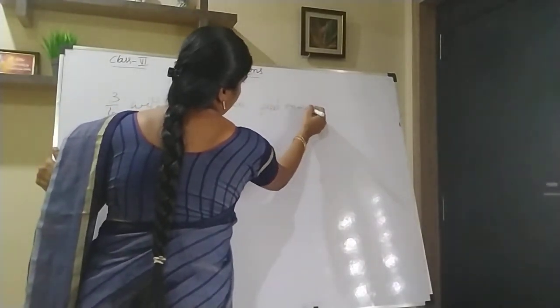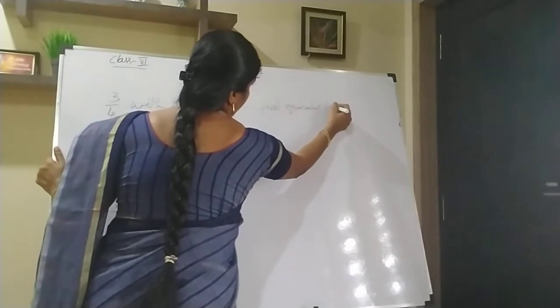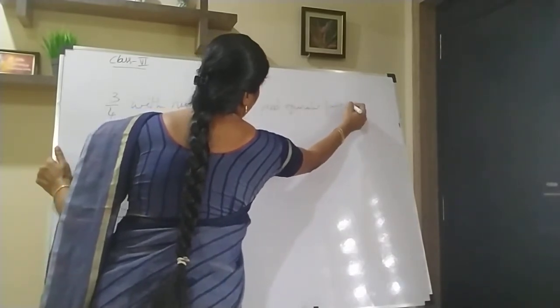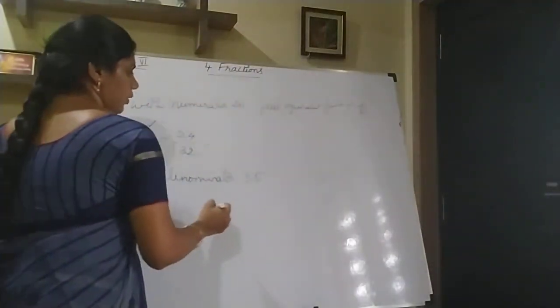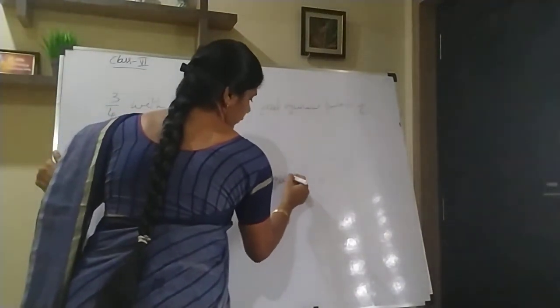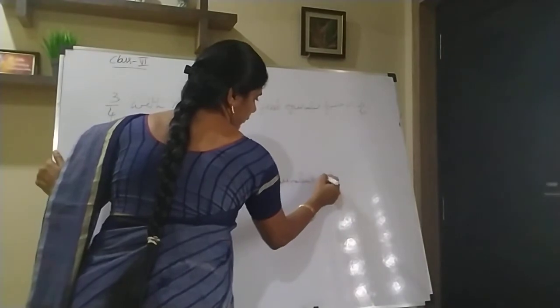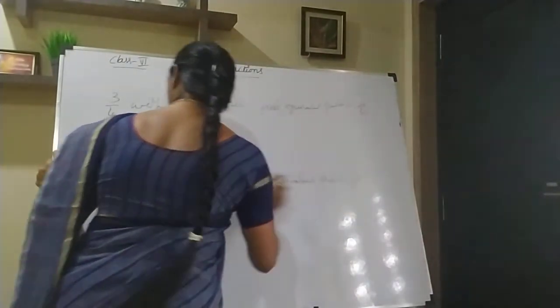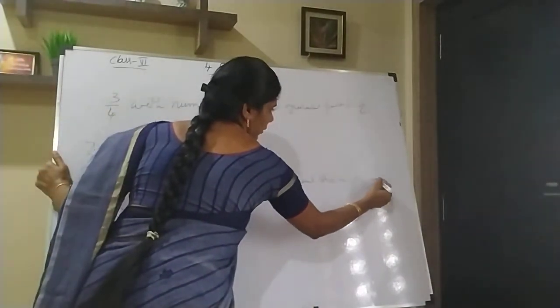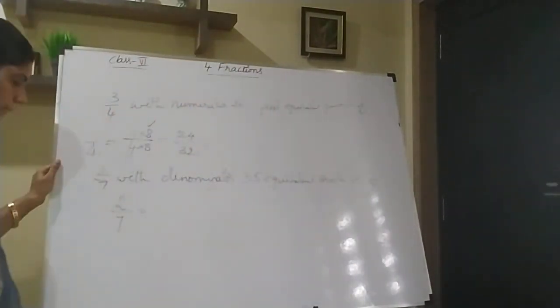Find an equivalent fraction for this. So here also, the fraction for 2 by 7. Okay.